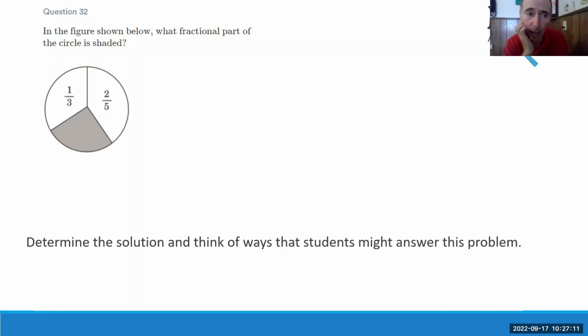But what do they have to do with those fractions in particular? Find a common denominator. Why do you want to find common denominators? If they understand that I'm working with fractions, I need to add like fractions. So in order to do that, I would have to think about what the commonality would be to find a common denominator.